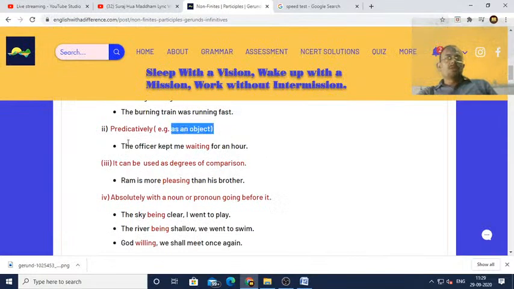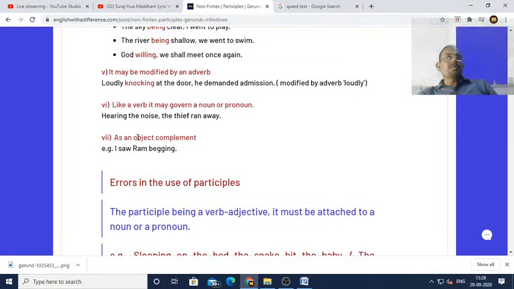Like, the officer kept me waiting. So whenever we get a present participle after an object, then it is either used predicatively or as an object complement. Here, I saw Ram begging. Begging is a present participle used as an object complement.